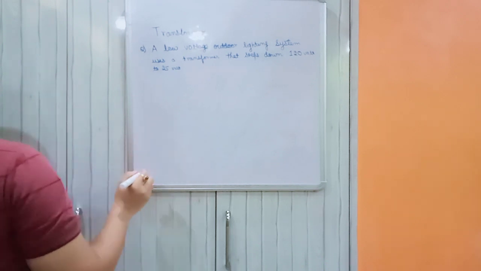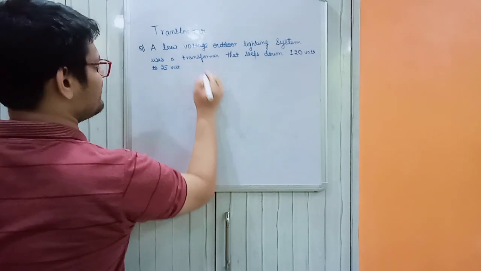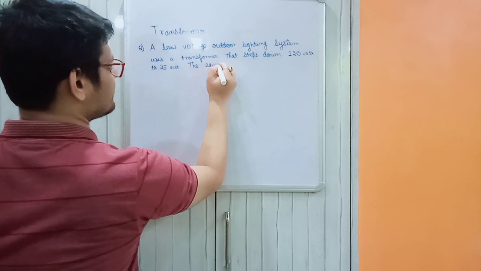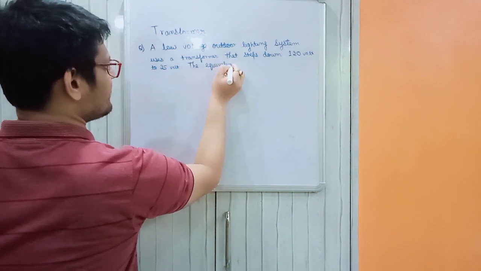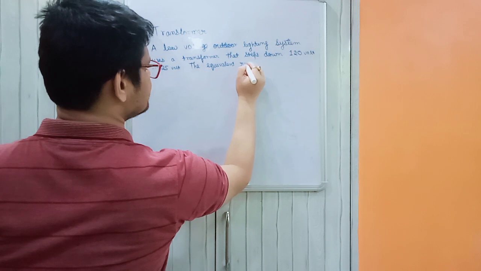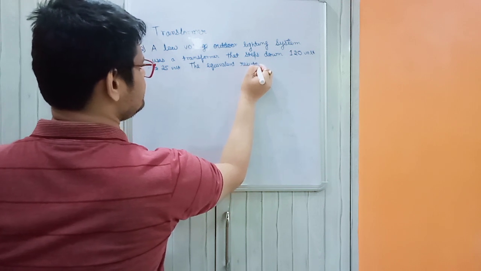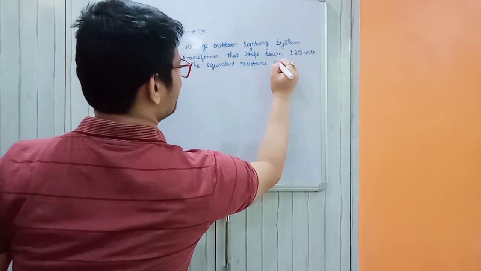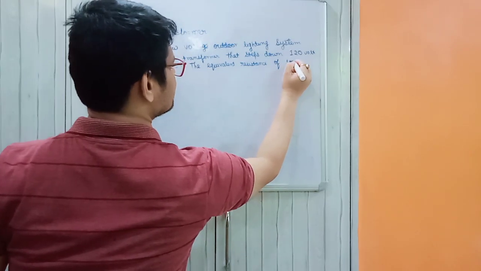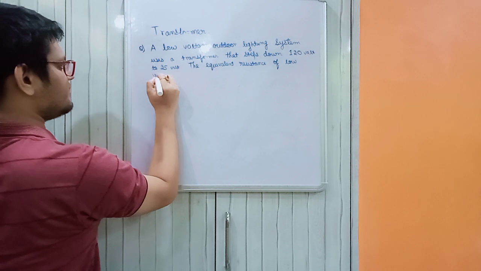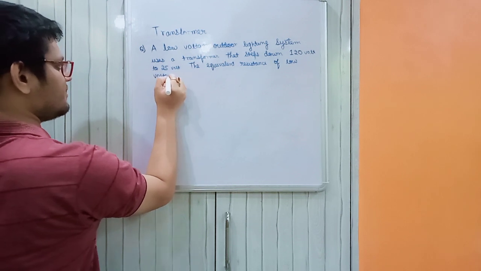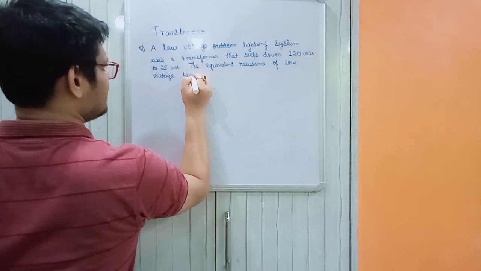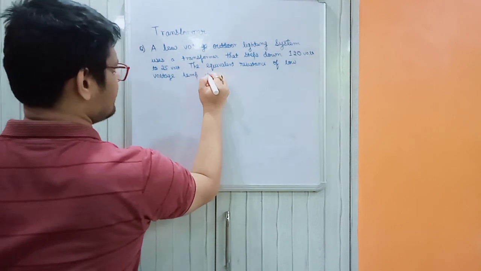Now the equivalent resistance of the low voltage lamp is 10 ohm.